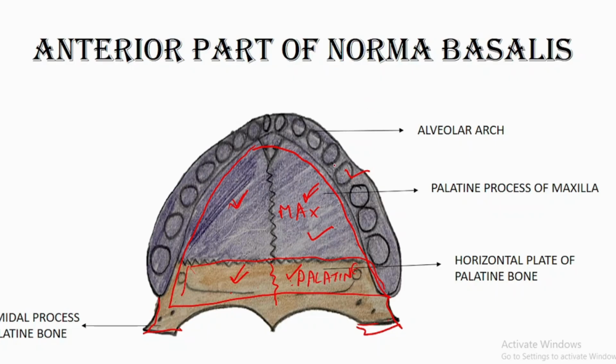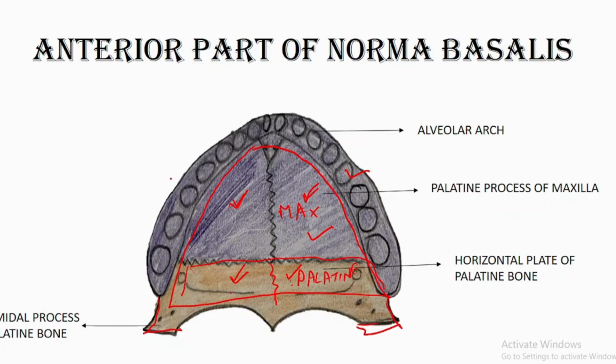So there are two major parts of the anterior part of norma basalis. First is the alveolar arch, which is formed by maxillary bone, and second is the hard palate, which is formed by the palatine process of maxillary bones and horizontal plates of palatine bones. So this is about the bones present in the anterior part of norma basalis.